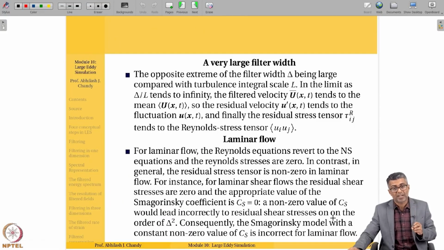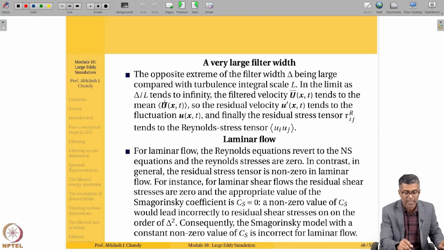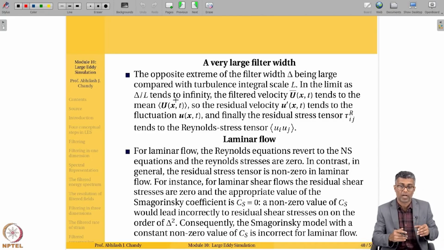What is more concerning is the large filter width. The opposite extreme is the filter width being very large compared to the turbulent integral length scale, in the limit that delta over L tends to infinity. What happens is that U bar approaches U average, the mean velocity, because you're not resolving any scales at that point.